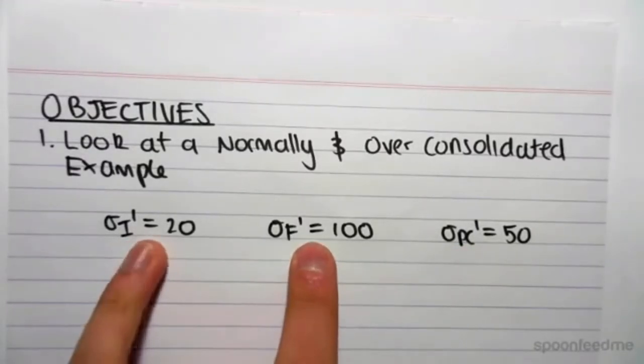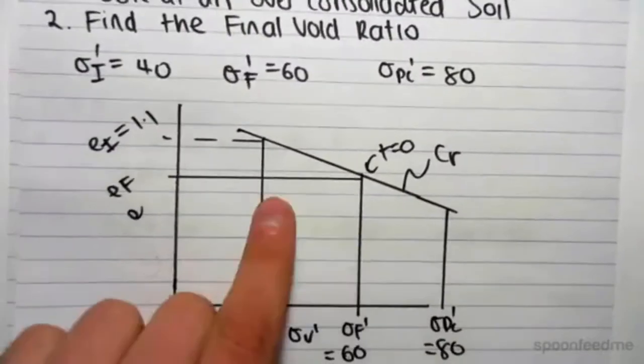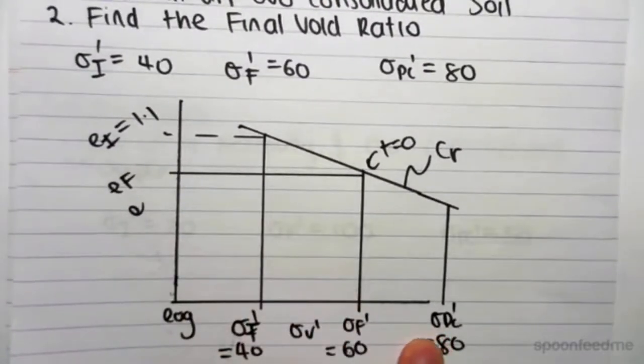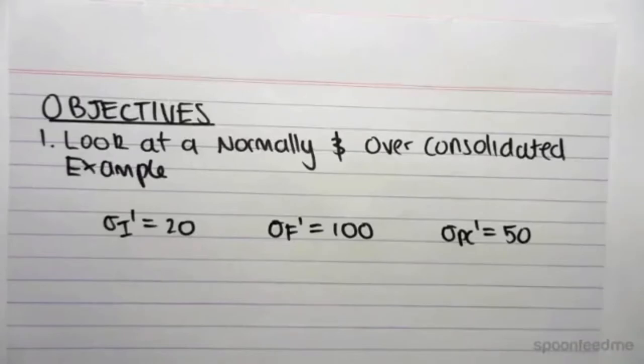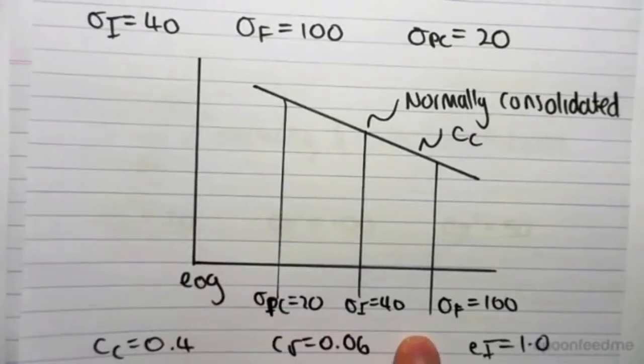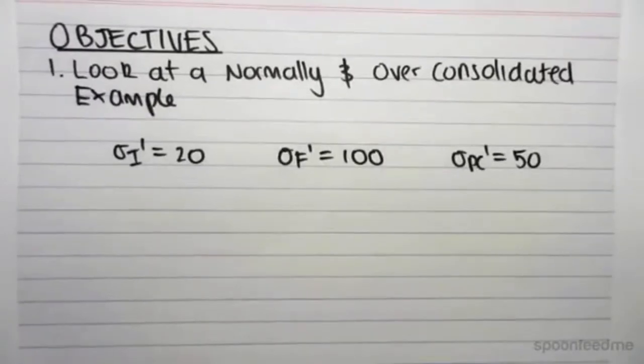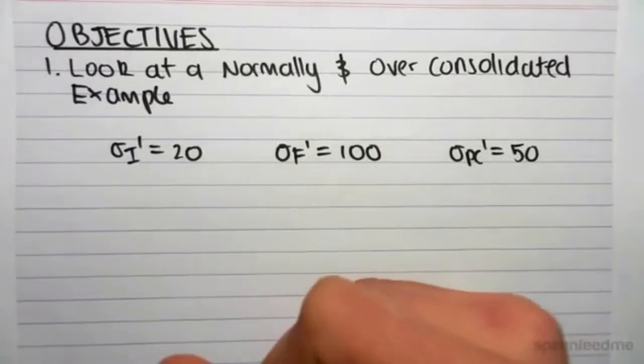In the first example, the over consolidated example, sigma PC was the maximum, so it was larger than both of them. In the previous video's example, sigma PC was smaller than both our values, but now sigma PC is between our values.